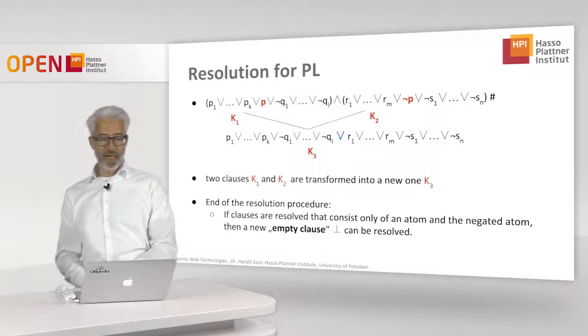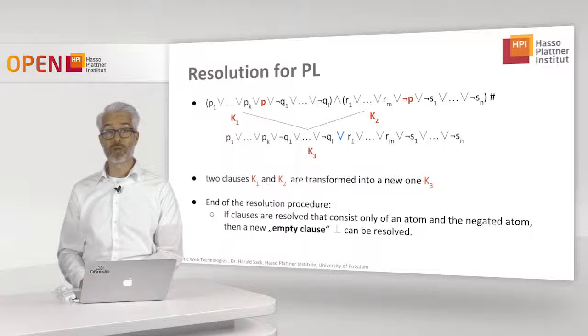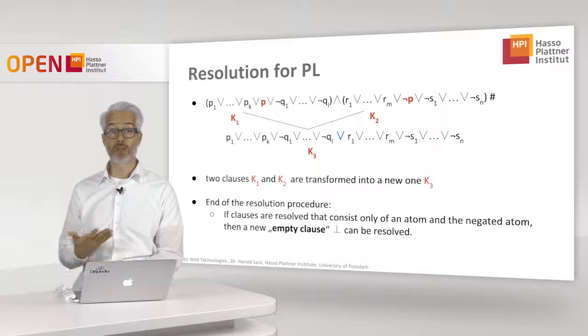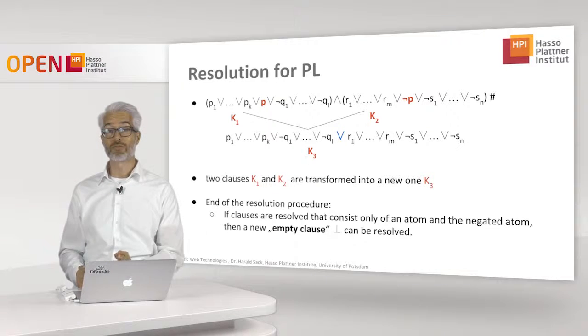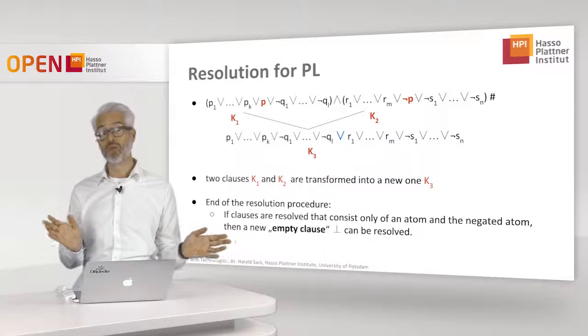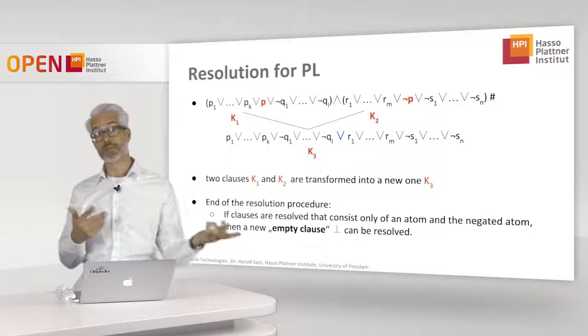If we have in two of its clauses the same variable, once negated, once not negated, we can substitute these two clauses. We can transform it into a new clause, which then does not contain this original variable. So it means we shrink somehow the information in there, because we can remove variables which are both negated and not negated in two of the clauses.